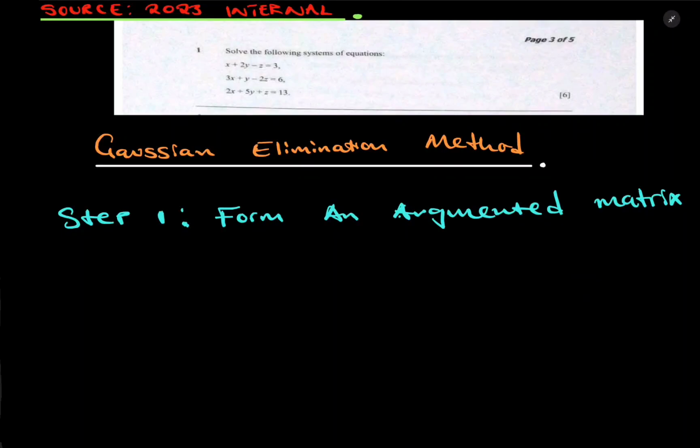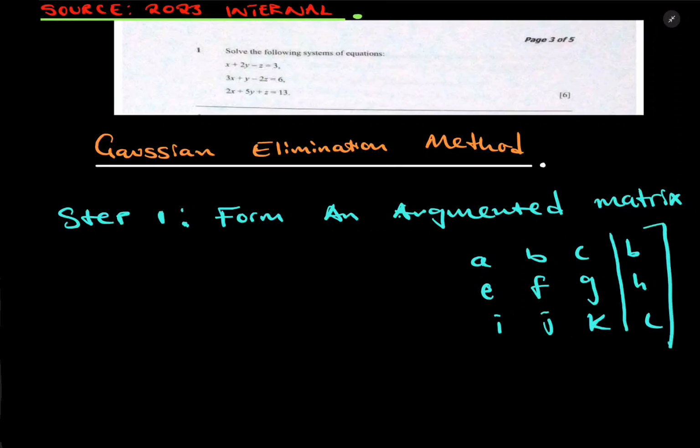An augmented matrix looks like this: A, B, C, D, E, F, G, H, I, J, K, L. So we're going to form something that looks like this, where everything in this particular row is X related, then everything in this particular row is the coefficient of Y, then this one we're going to have the coefficient of Z. So we are saying this particular row is X followed by Y followed by Z.